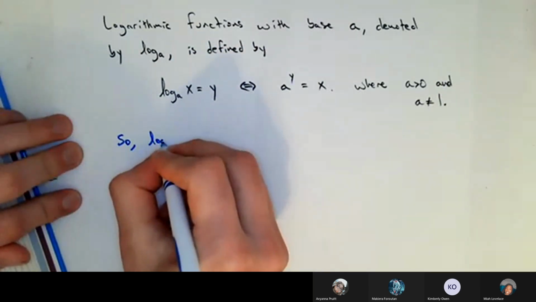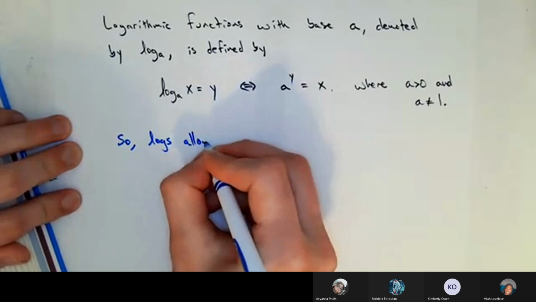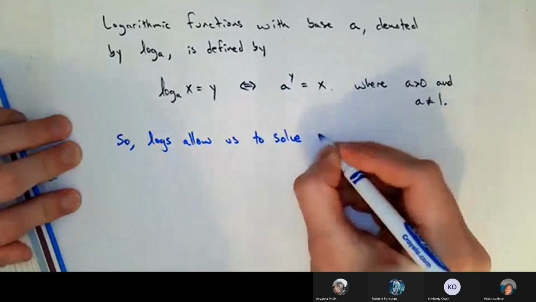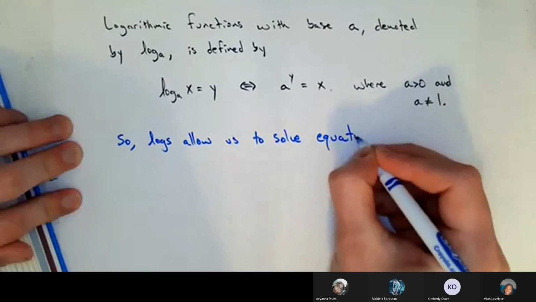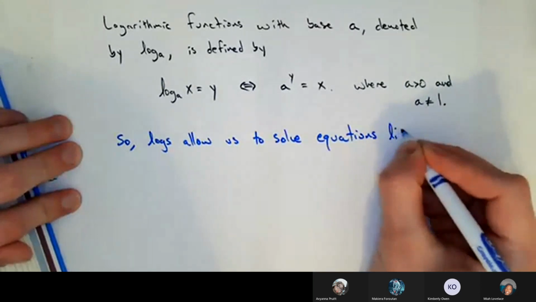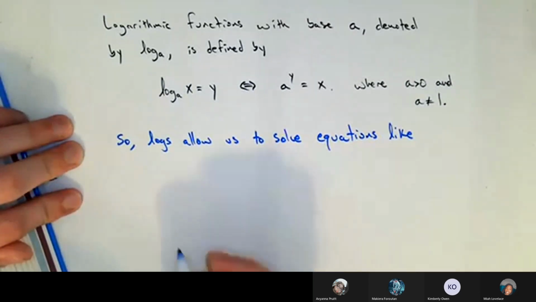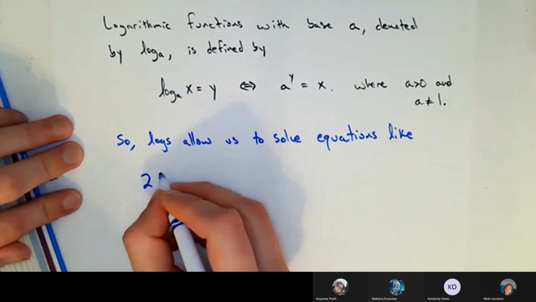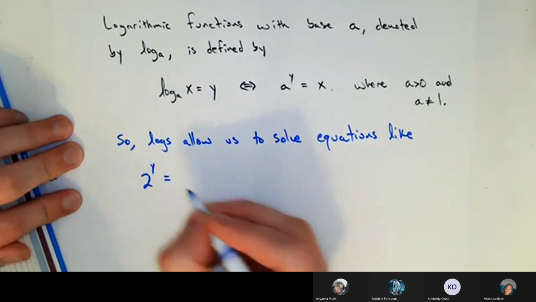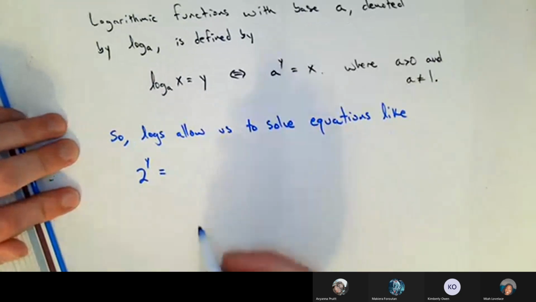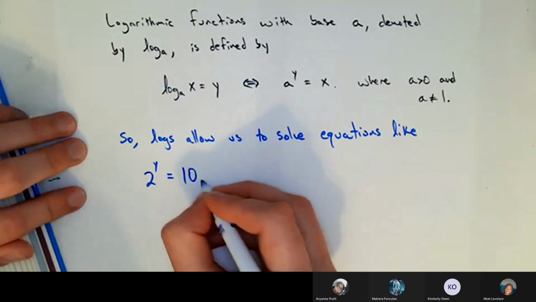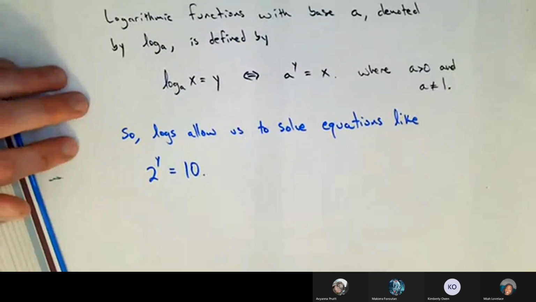So logs allow us to solve equations like, say, 2 raised to the y is equal to, let's make up some number that would be hard to figure out here, like 10. 2 raised to the y is equal to 10.